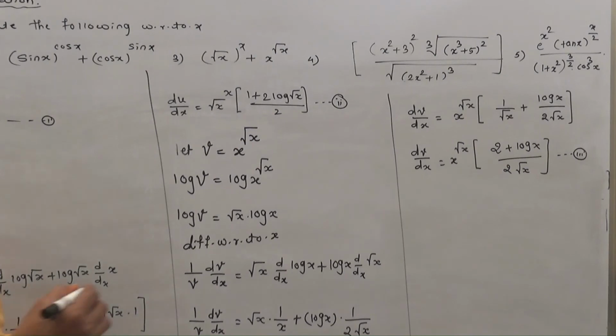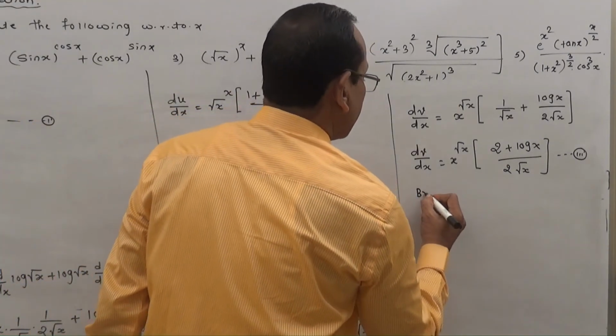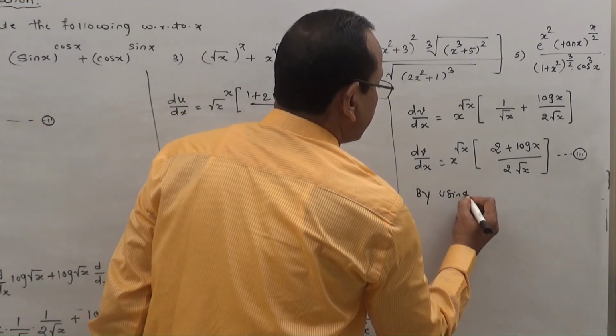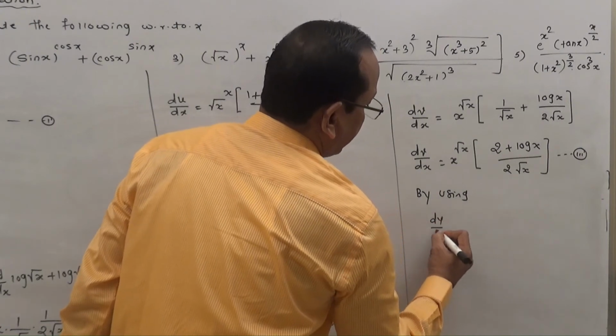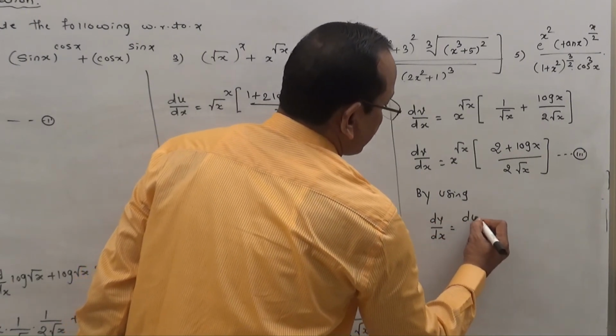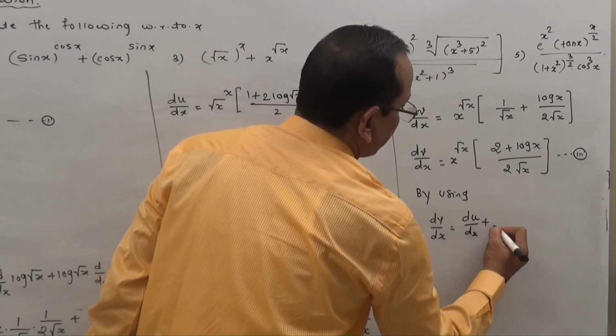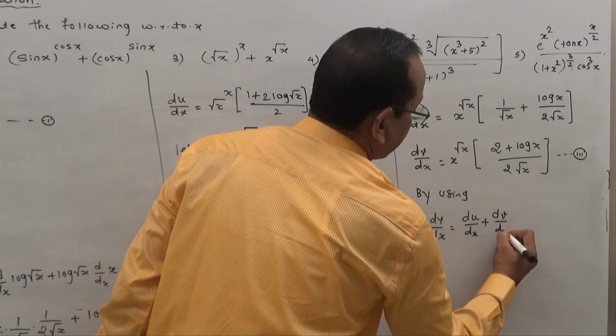Now by using this formula, dy by dx is equal to du by dx plus dv by dx.